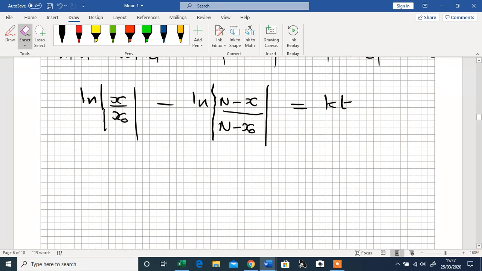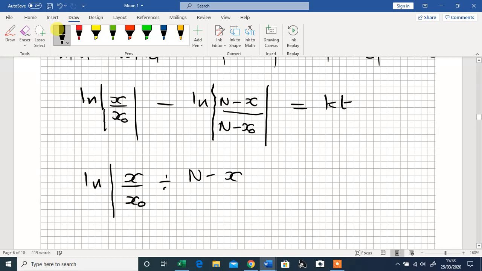and if you simplify that further, you can write down the log of x over x naught. And by the laws of logarithms, you get x divided by n minus x, over x naught divided by n minus x naught, and that's equal to kt.